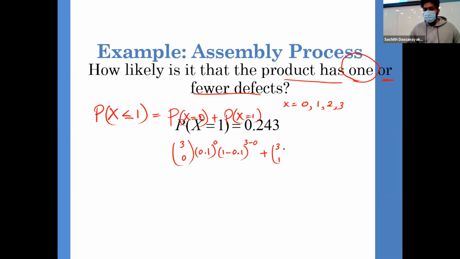Now x is 1. p is 0.1 to the power x, x is 1, times 1 minus p, 1 minus 0.1 to the power n minus 1. So simply do this calculation and you will have the answer.